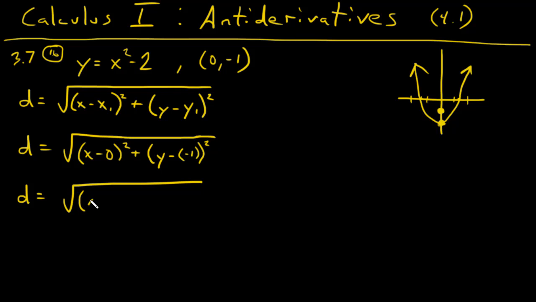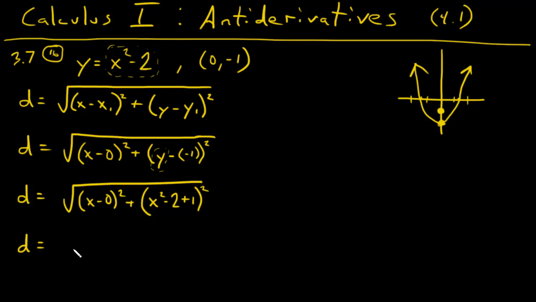So I'm going to get x minus 0 squared plus, instead of y, x squared minus 2, so this little piece right here is now substituted in for this piece. And so I'm going to get x squared minus 2, and then this is minus negative 1, that's plus 1, quantity squared.